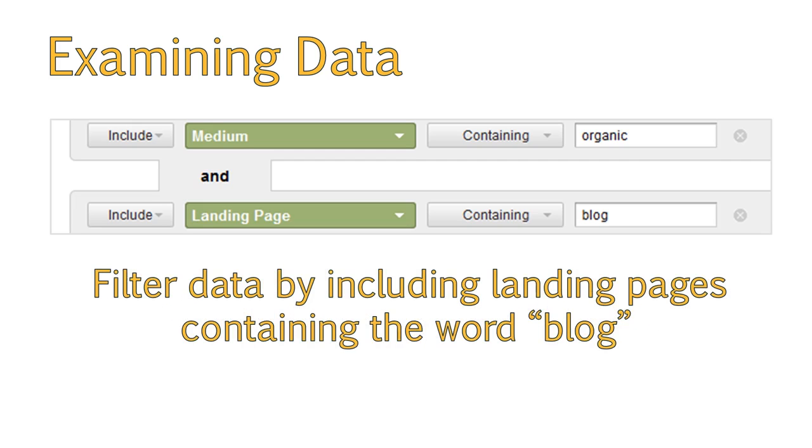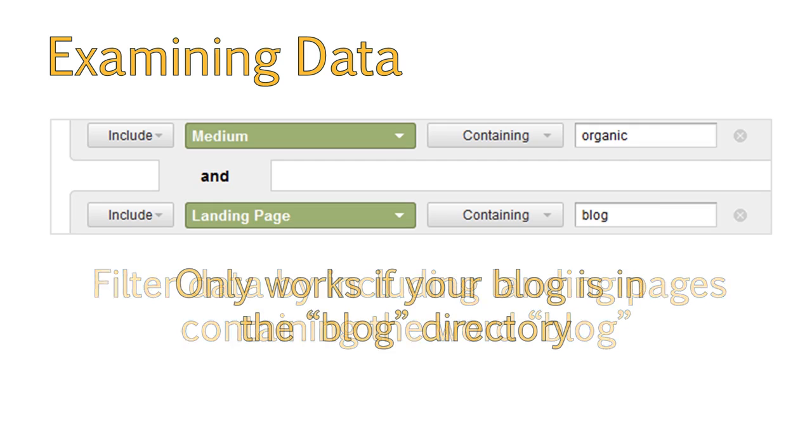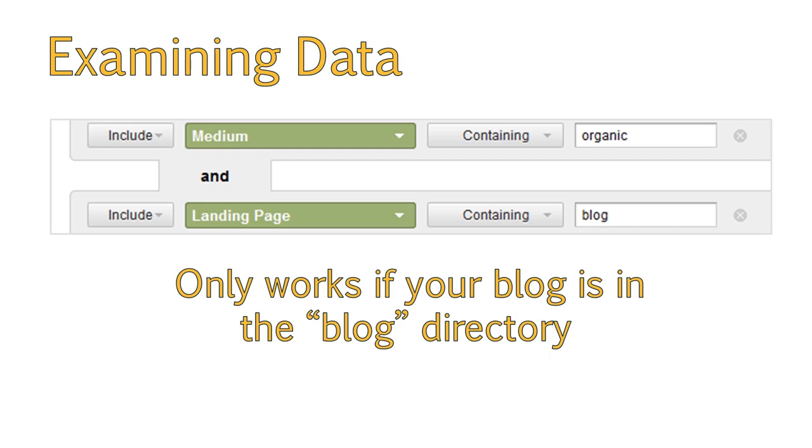You can filter your data by including landing pages containing the word blog. This will filter out all pages that do not contain the word blog in the URL. Note, this will only work this way if you have your blog in a directory called blog, which most sites do. If your blog is in a directory called articles or something, then filter by that word instead.